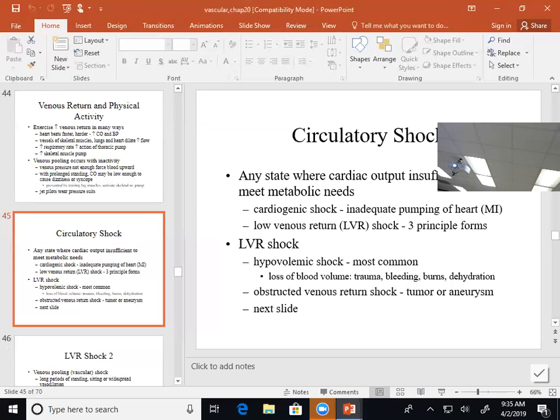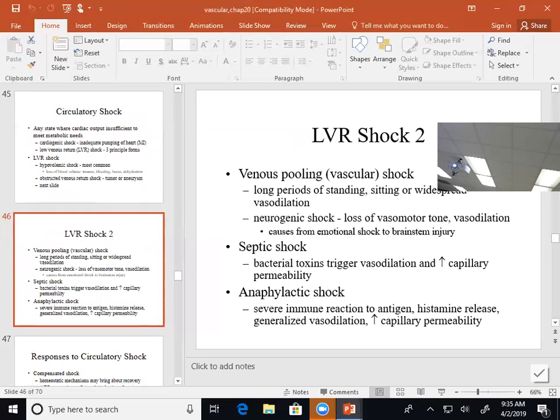Now, we can also have tumors or aneurysms. If they rupture, of course, you're going to be losing blood volume. So these are other reasons that you can have that. You can have vascular pooling or venous pooling and that gives you vascular shock. This is why they tell you if you're standing up for long periods of time, don't lock the knees, right?